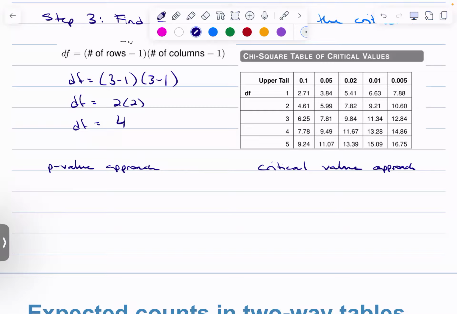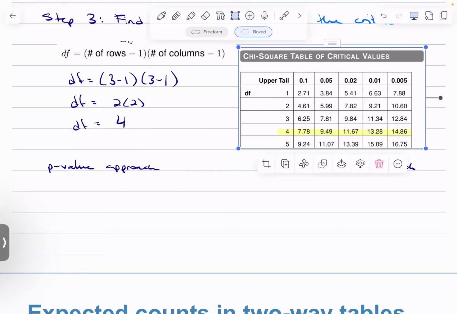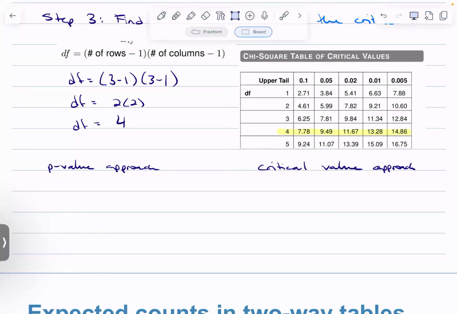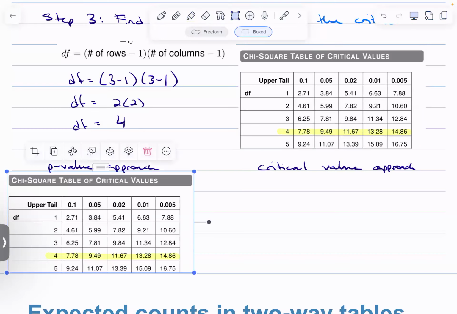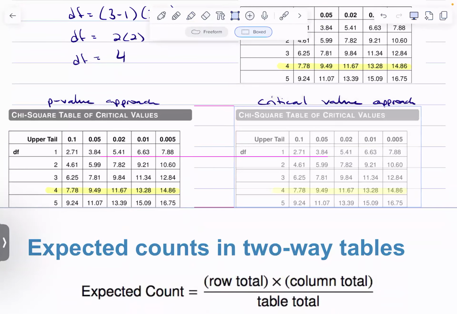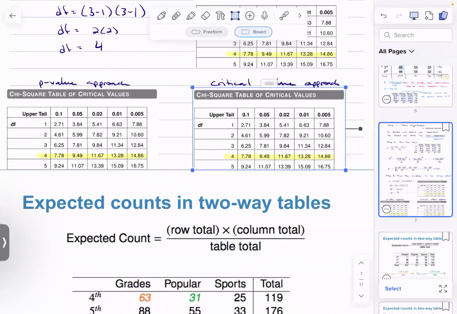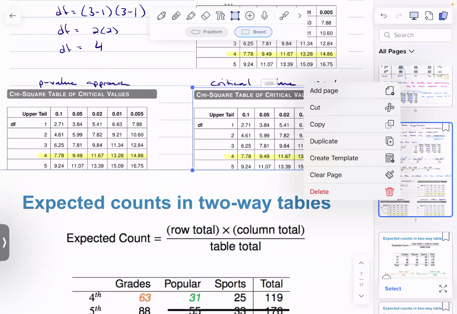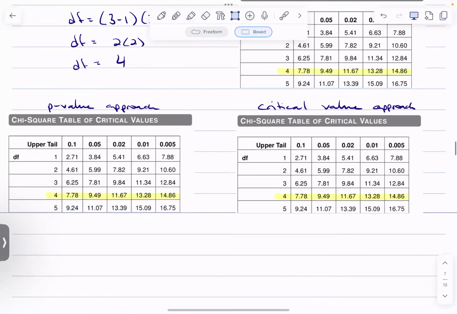For the p-value approach, we determined we have 4 degrees of freedom, which means that, and maybe I'll do this. Copy. Paste. Add a page. Now I have so many copies of the tiny table.